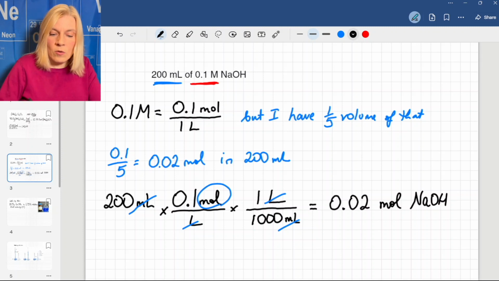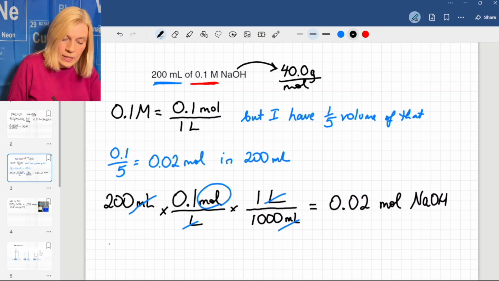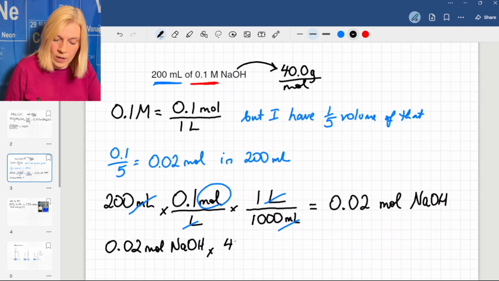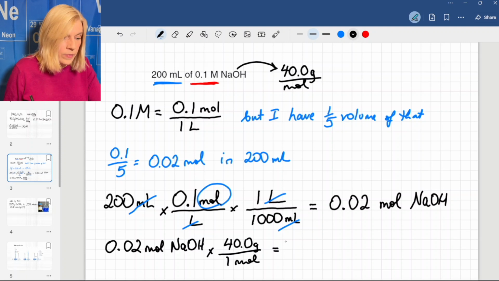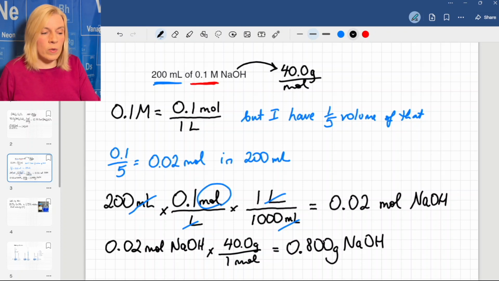Sodium hydroxide has a molar mass of 40 grams per mole. So now quickly, I have 0.02 moles of sodium hydroxide times 40 grams per 1 mole, and I get 0.800 grams of sodium hydroxide needed.